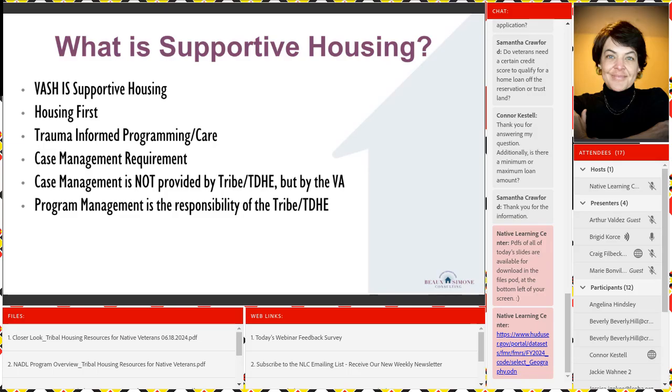The utilization of trauma-informed programming and care is something that goes without saying for the VA, because they're the case managers and social workers. But this also means using a trauma-informed programming and care lens with your entire housing staff, and I would argue that goes even beyond supportive housing.